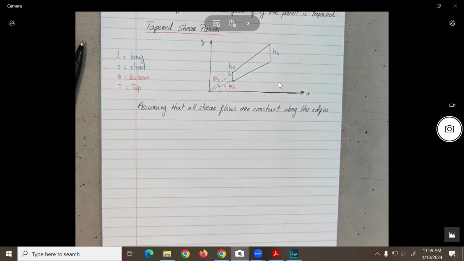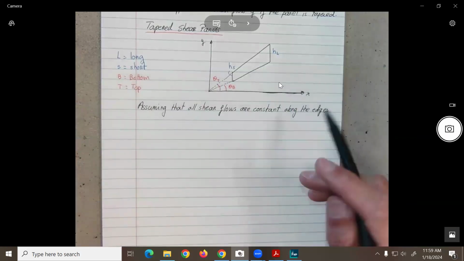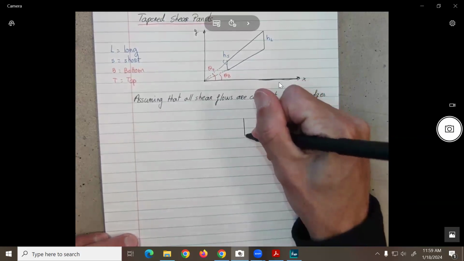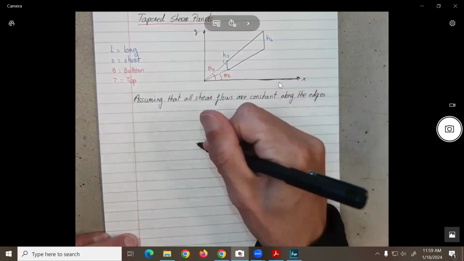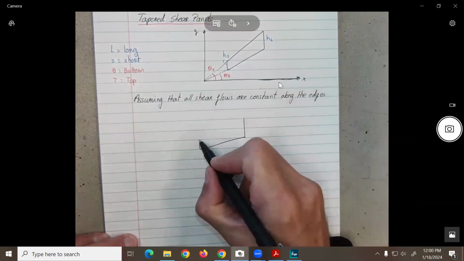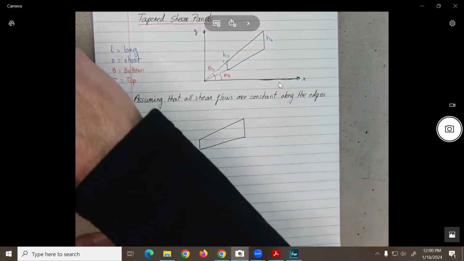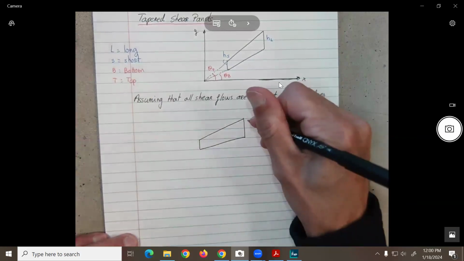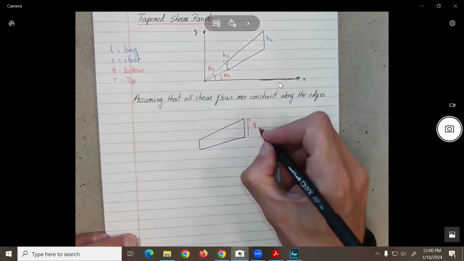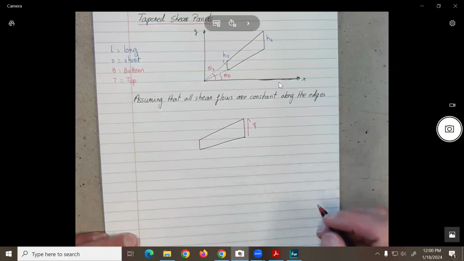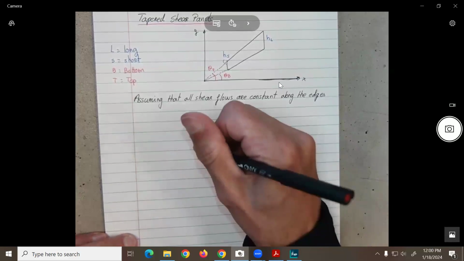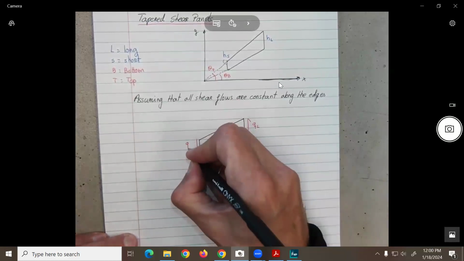So if we assume that for the one that's already tapered they are all constant, we're going to have here the new figure. We have 2 over here, 1 over here. So you have over here Q long, Q short.